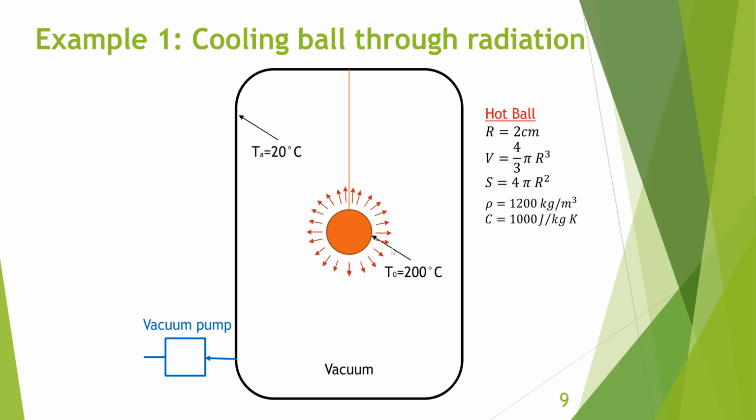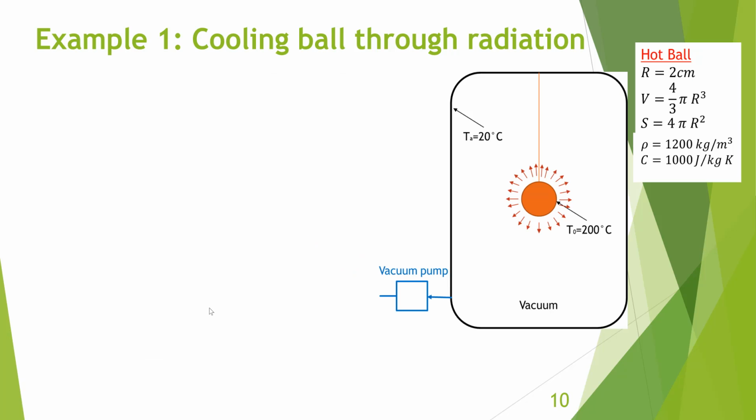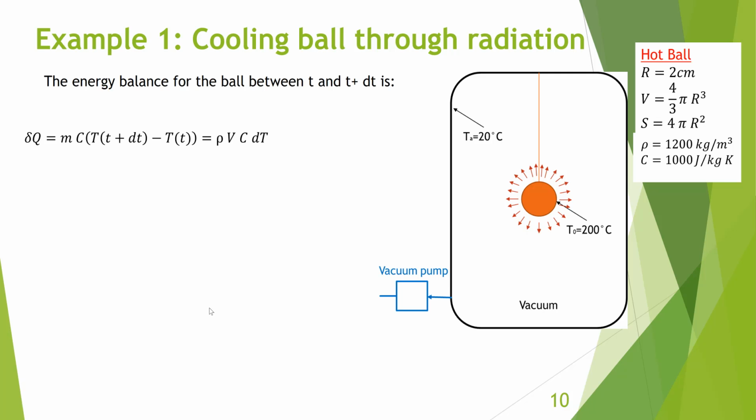We want to solve the transient heat transfer problem, the temperature evolution through time of this ball. So let's calculate the energy balance for this ball between t and t plus dt.